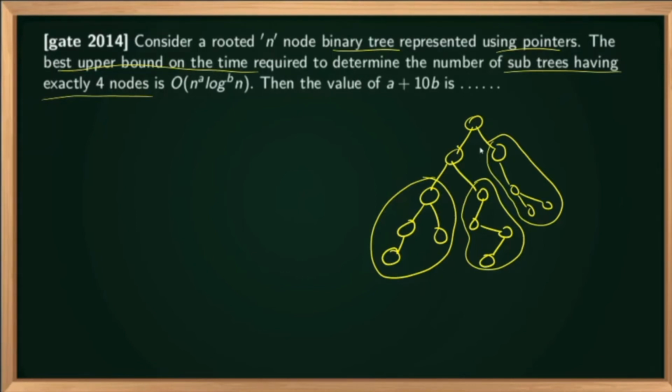Okay, so the idea is very simple actually. You can recursively find it. For example, from here, you find the number of nodes in the left subtree plus the number of nodes in the right subtree plus 1, which will be the size of this tree. For computing that, you have to compute again from here: number of nodes in the left subtree plus right subtree plus 1.